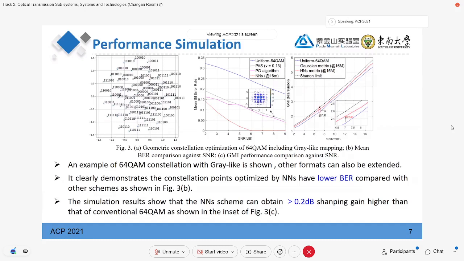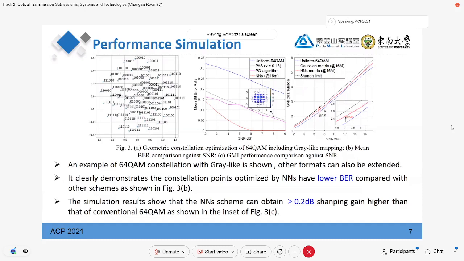It clearly demonstrates that the constellation points optimized by neural networks have lower BER compared with other schemes, as shown in Figure 3b. We can see the reference schemes are PS and pairwise optimization algorithm schemes.